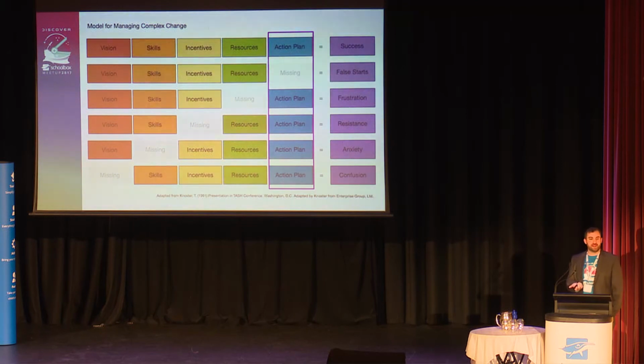Without that action plan, you will have false starts. We've seen it where schools have tried to do launches to parents, and they haven't planned through that process, and so they have a false start. And they go again. But this time they put the plan in place to get to where they want to be.